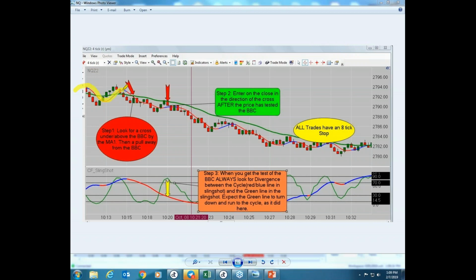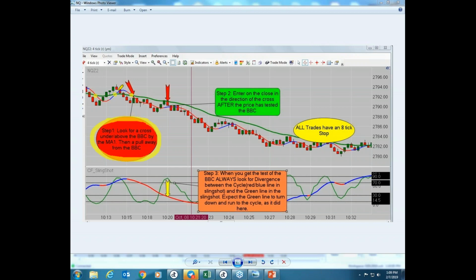Okay, so here we go. This red and blue line is referred to as the MA1. The green line is referred to as the BBC. That is short for bullish and bearish cross. Together, when the MA1 crosses the BBC, that is step number 1.